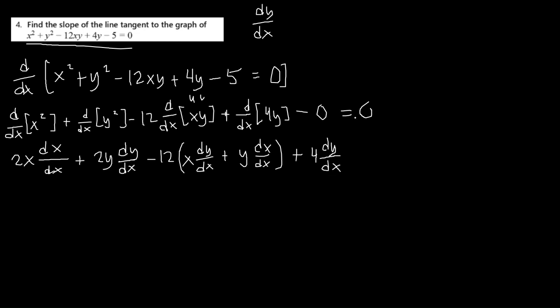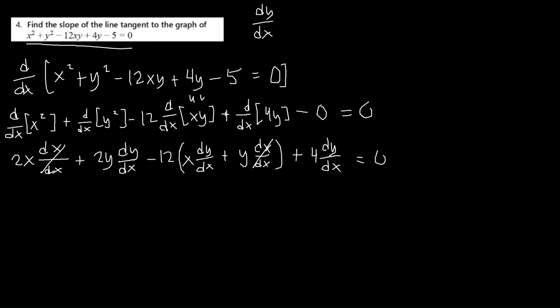Okay, now that you have this equal to 0, by the way, we will cancel out the ones that are cancelable, which is dx over dx. So we can cancel this out, and this out, and that's pretty much it.